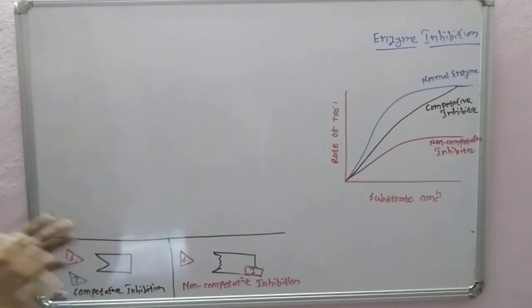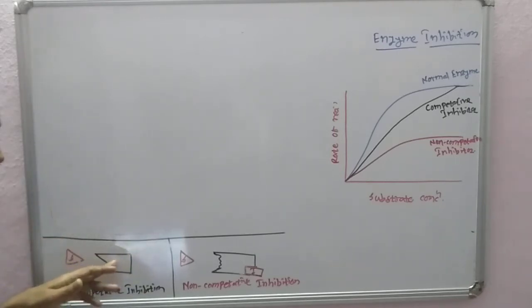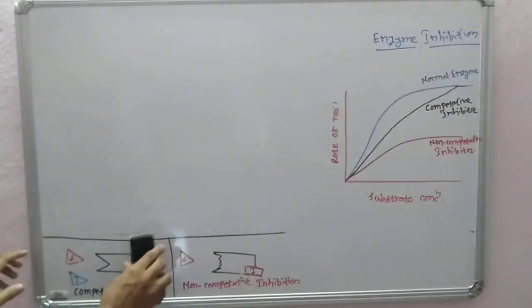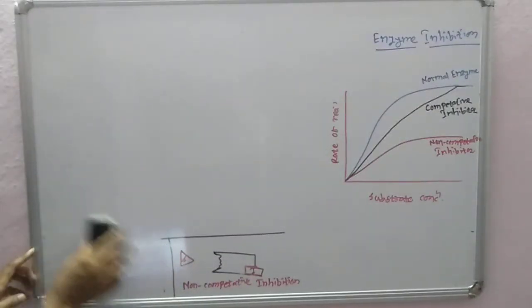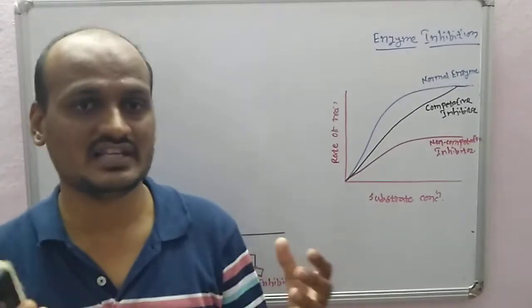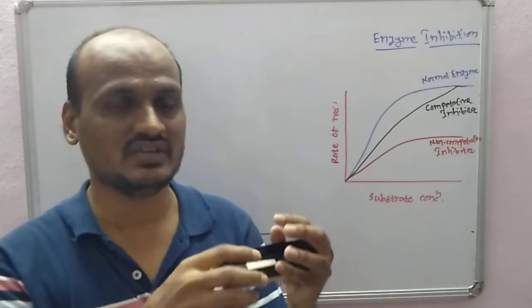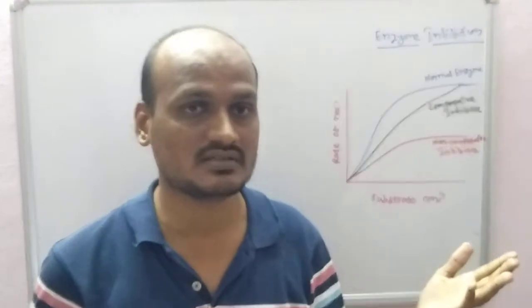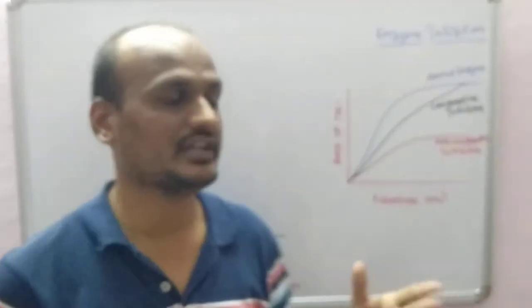It has a similar shape and so it interacts with this enzyme because both have similar shapes. That is a competitive inhibitor. The inhibitor can compete with the substrate. It binds instead of the substrate, and it won't allow the reaction to progress further, right? So that is a competitive inhibitor.